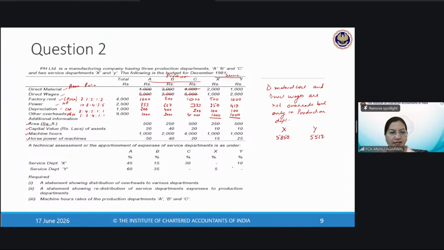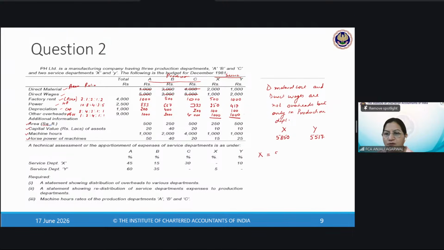Now, like I said, show the distribution of overheads to various departments. Done, first part. Statement showing redistribution of service department expenses to production departments. No method is prescribed. I prefer simultaneous equation.